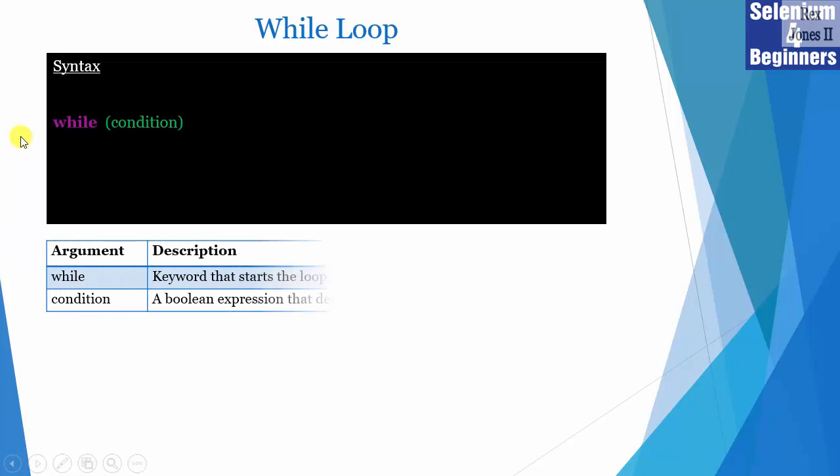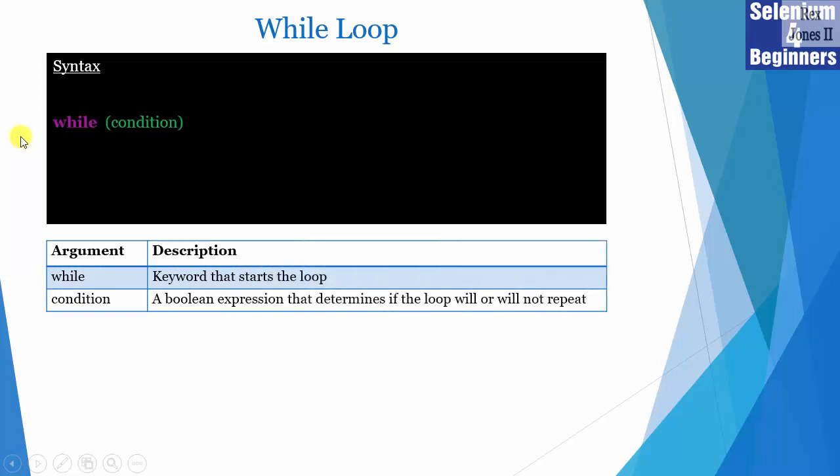The while loop starts by writing keyword while and a condition. An initialization statement is not in this slide, but it helps the condition determine if the while loop should repeat or not repeat. The condition can be any Boolean expression.